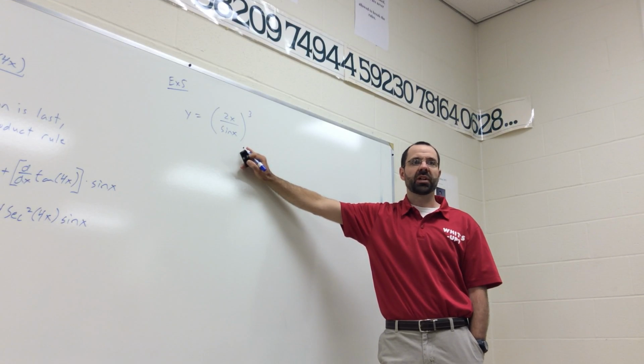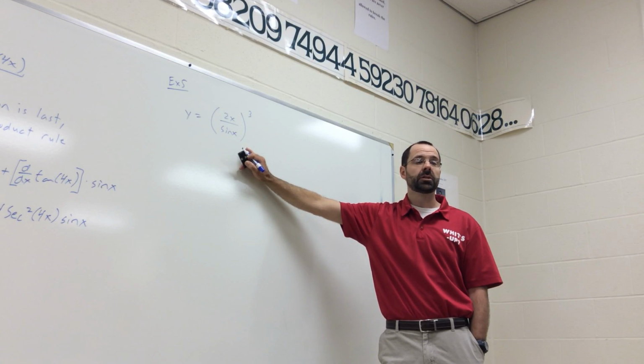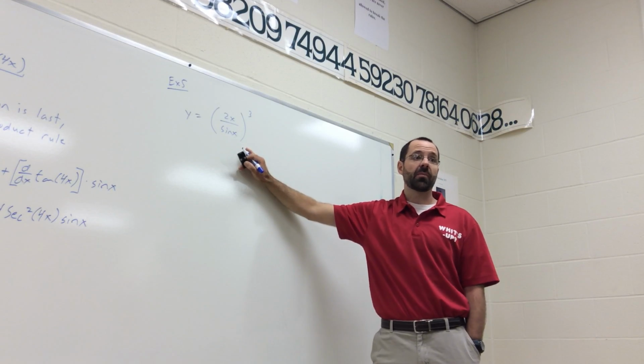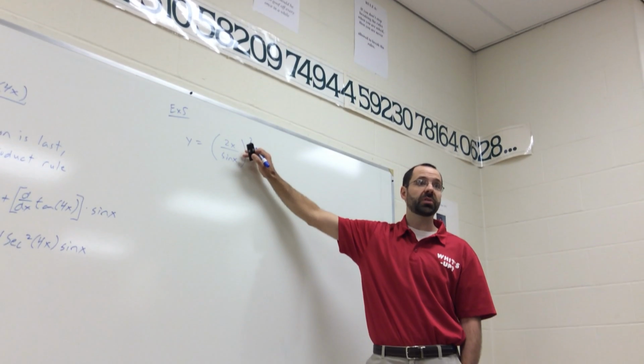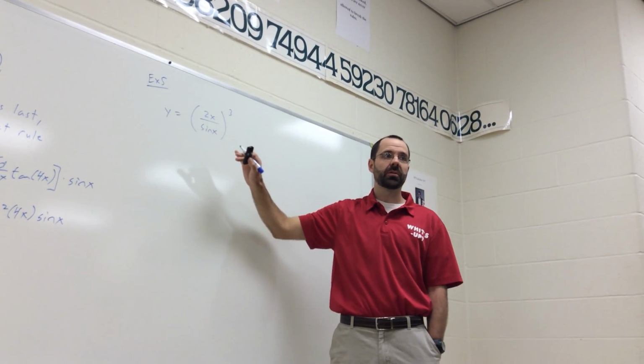So what rules are going to happen in this problem? Quotient rule is going to happen, right, because there's division in there. And also chain rule, and the reason chain rule is going to happen is because a mess is being cubed. So the outside function is x cubed.